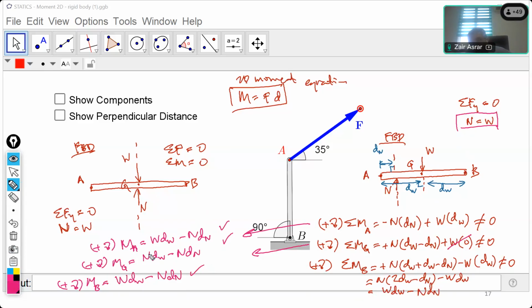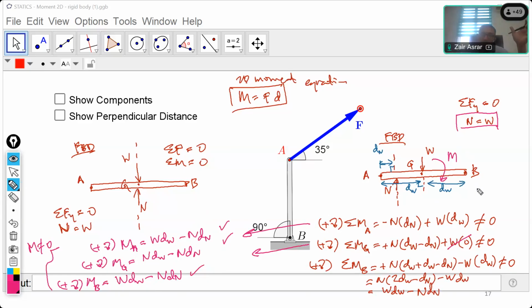And all of these are not equal to 0. All of these moments are not equal to 0. And since they are not equal to 0, we can see that our rigid body will rotate. It will rotate when we let it go.